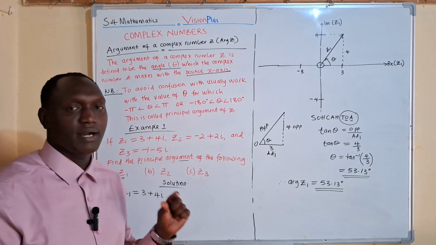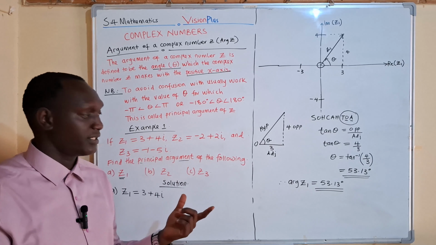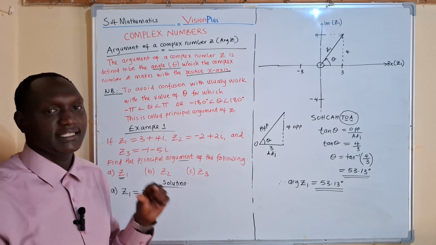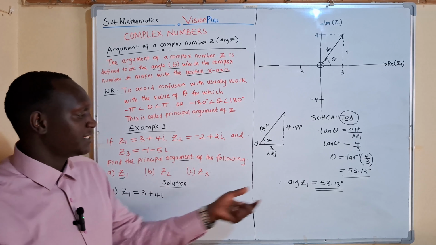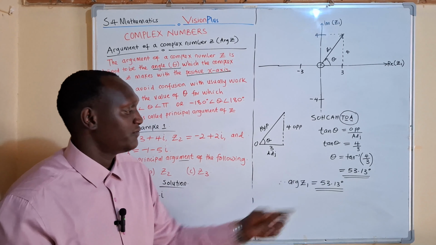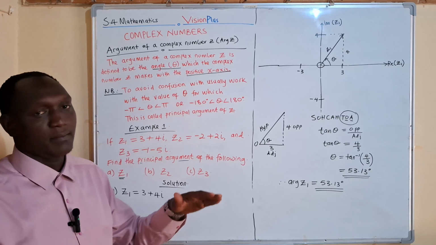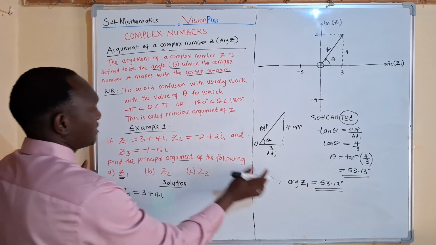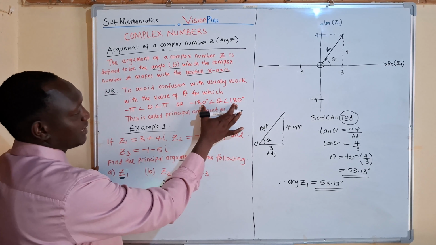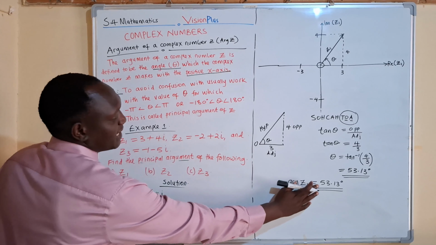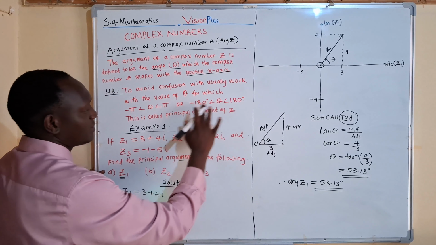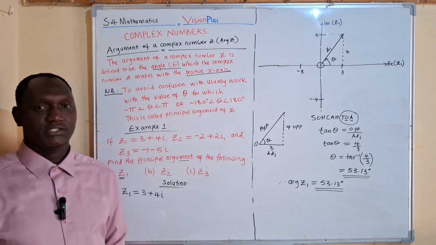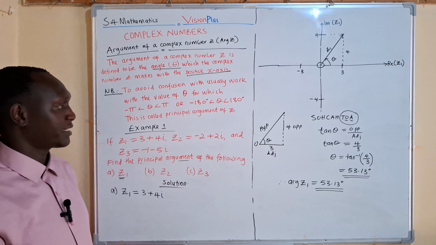The size is the magnitude of the complex number that we have been getting. The angle or the argument is the direction of the complex number. This means that this complex number is 53.13 degrees above the positive x-axis. And if you look at it, it is in this range: it is less than 180 degrees, but more than negative 180 degrees. So this is the solution to example 1.